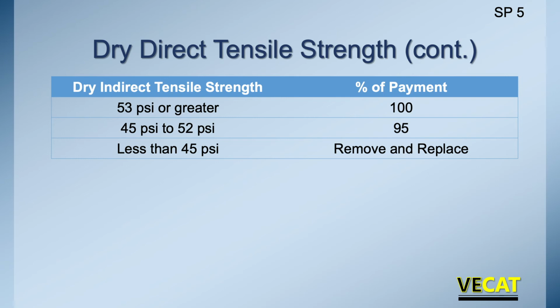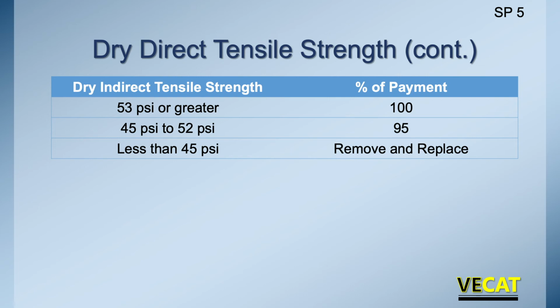And that is in this table. So if we're at 53 PSI or greater, that's 100% pay. So if we're using foamed asphalt and we've compacted that sample and we've tested, as long as we're at 53 PSI or greater, we're good to go. But if we're less than 45 PSI, we're in a remove and replace situation. And if you're between 45 and 52 PSI, you're at 95% pay.